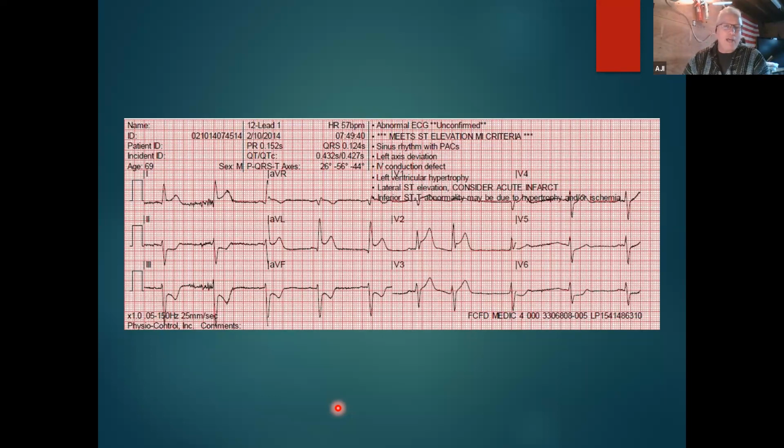However, it's even better when you activated the whole process. It started with your phone call and your transmission of this EKG. Good job. Excellent work.